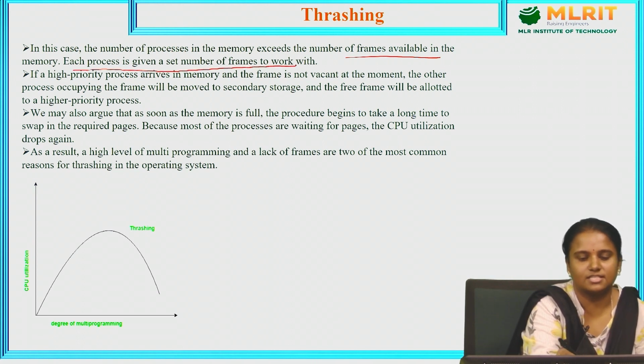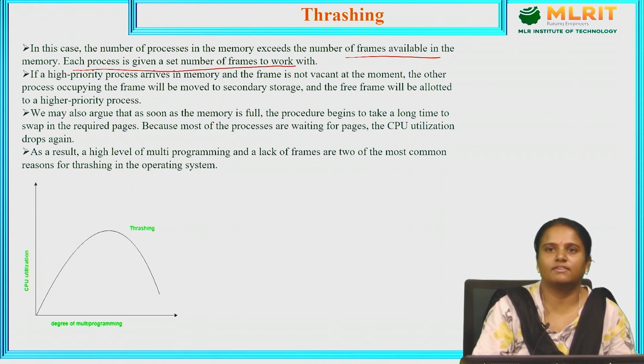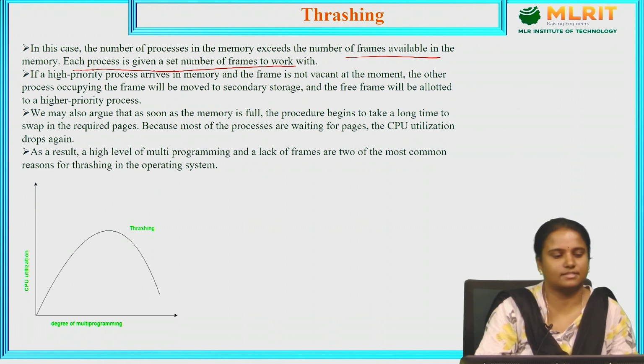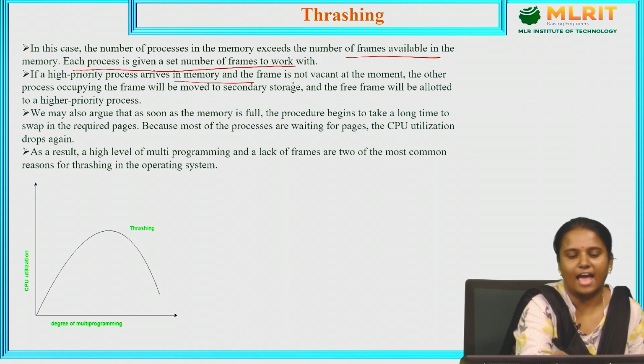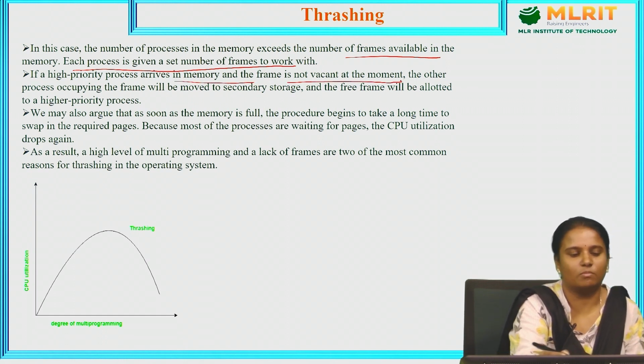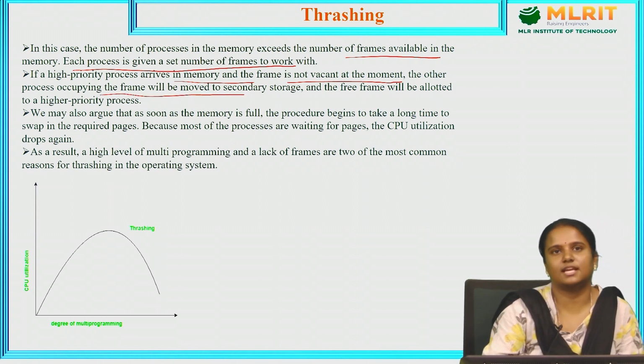Each process is set into frames to work on. So for n number of pages, we have some 3 frames or 4 frames, and based on those frames we work on replacing the pages. If a high priority process arrives in memory and the frame is not vacant at the moment, the other process occupying the frame will be moved into the secondary storage.